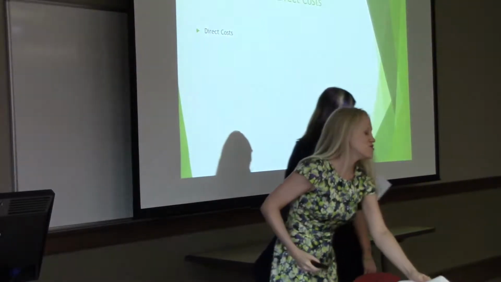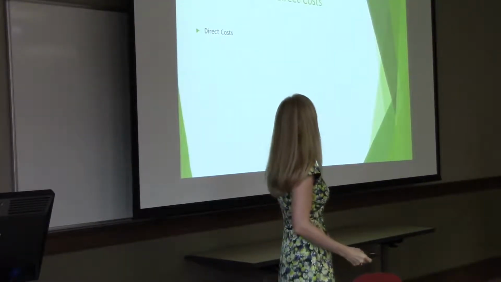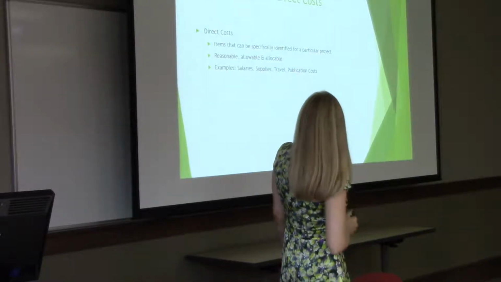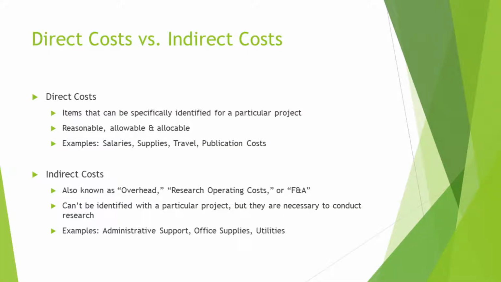Okay, so these are the two major types of costs that are going to be in your budget: direct and indirect. Direct are those specific items that Jen basically just went over that have a cost assigned to them, that you know you're going to need to perform the work. Salaries, supplies, travel, publication, all that stuff.